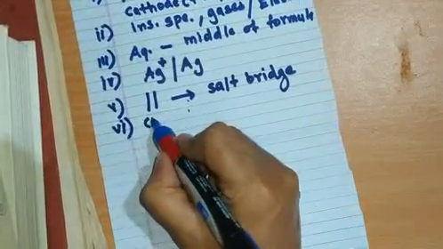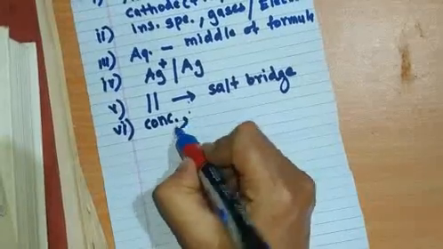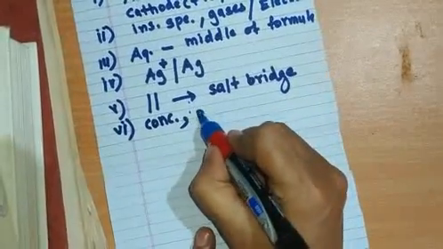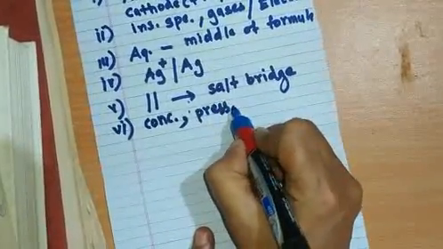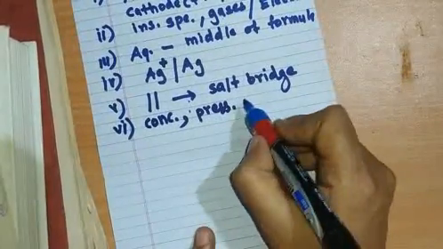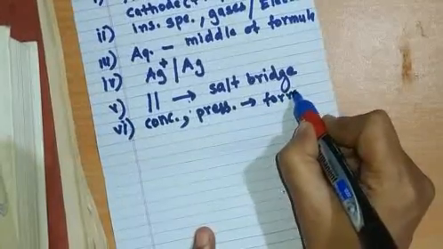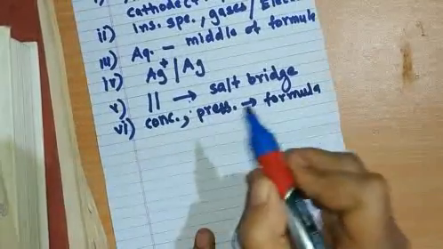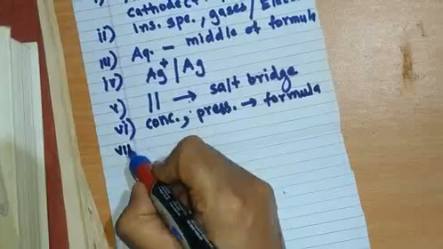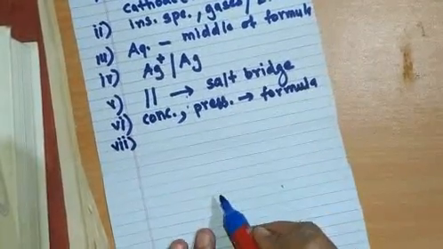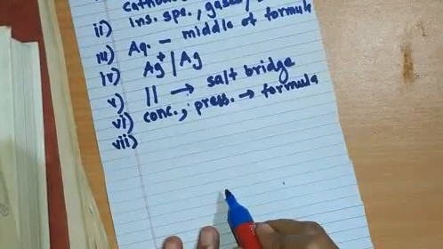The concentrations of solutions as well as the pressure of gases are also mentioned. If gases are used in our cell, then the pressure is also mentioned in the formula.